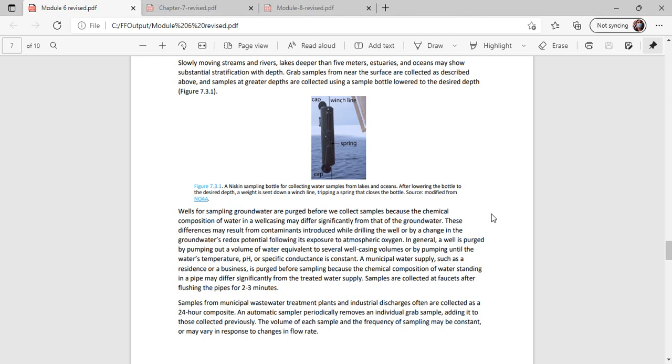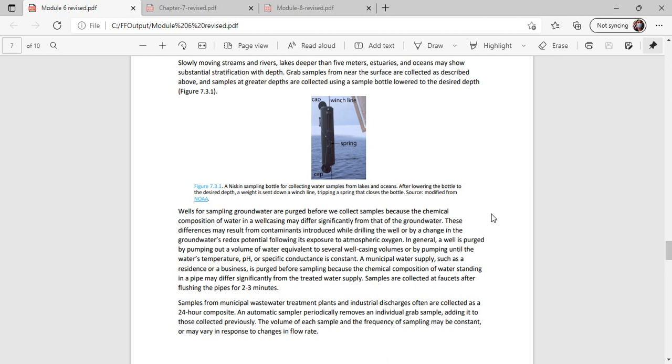In general, a well is purged by pumping out a volume of water equivalent to several well casing volumes or by pumping until the water's temperature, pH, and specific conductance is already constant.